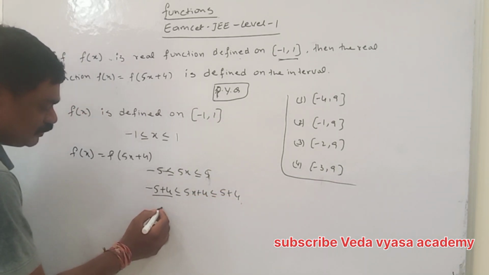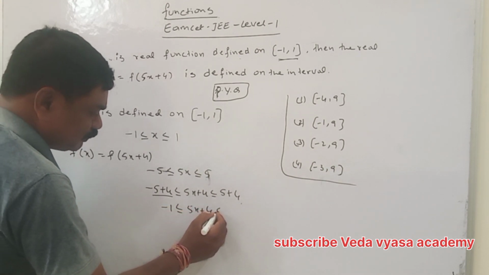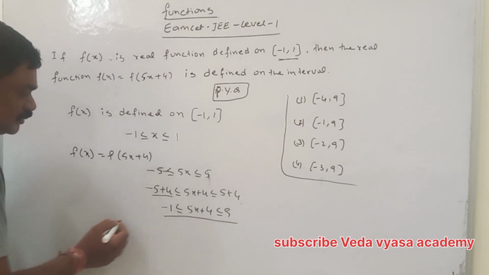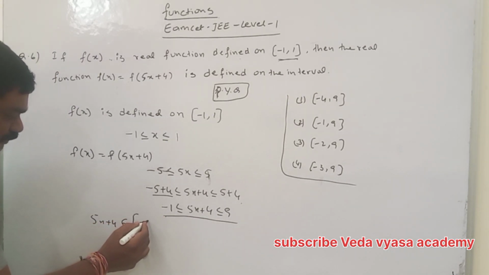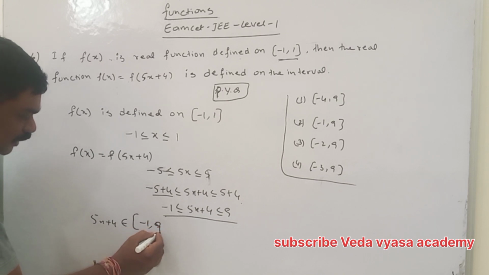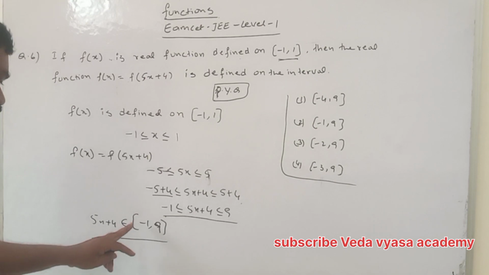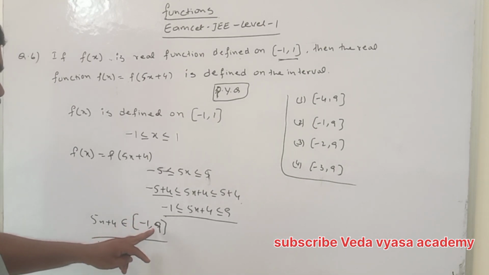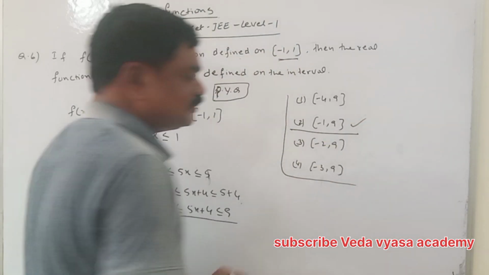So this value is what? -1 less than or equal to 5x plus 4 less than or equal to 9. So 5x plus 4 belongs to closed interval -1, 9. So this is defined on the interval closed interval -1 comma 9. So we have option 2 is the answer.